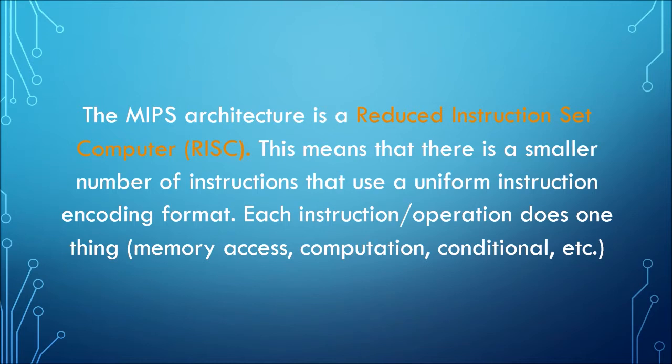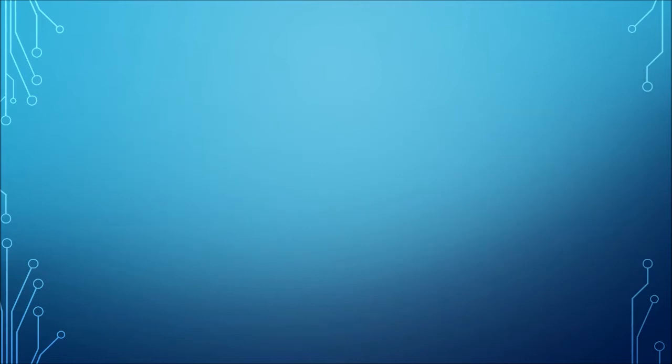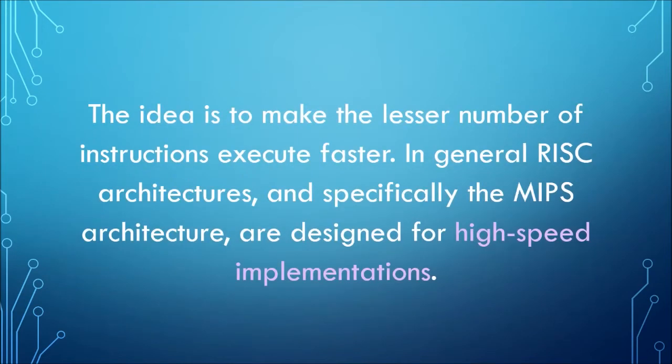Each instruction or operation does one thing: memory access, computation, condition, and so on. The idea is to make the lesser number of instructions execute faster. In general, RISC architecture, and specifically the MIPS architecture, is designed for high-speed implementation.